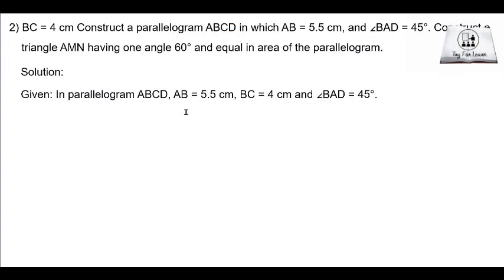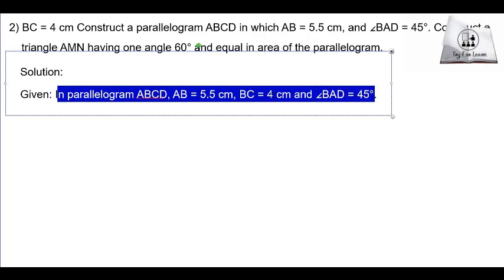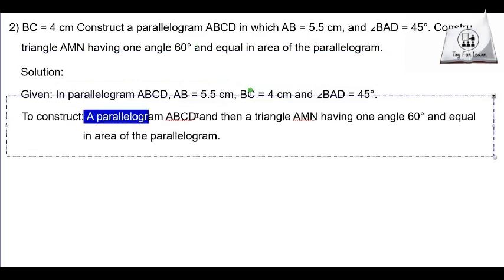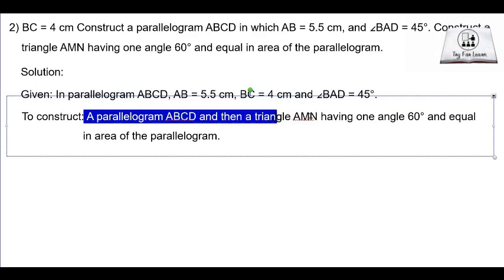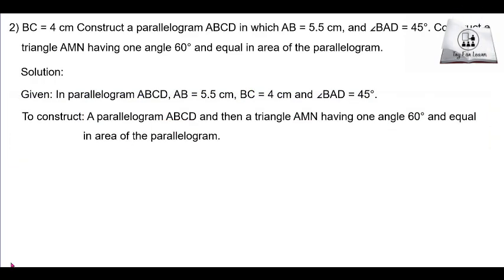Given in parallelogram ABCD, AB equals 5.5 cm, BC equals 4 cm, and angle BAD equals 45 degrees. To construct a parallelogram ABCD and then a triangle AMN having one angle 60 degrees and equal in area to the parallelogram. Now let's do a rough sketch for this purpose.